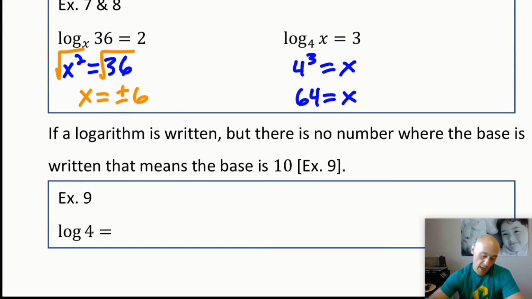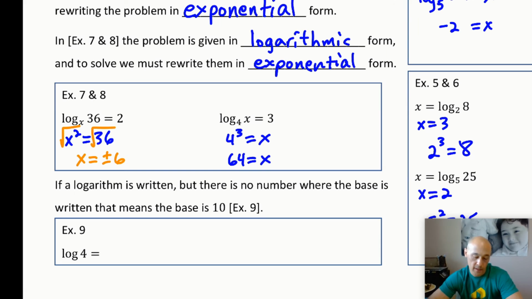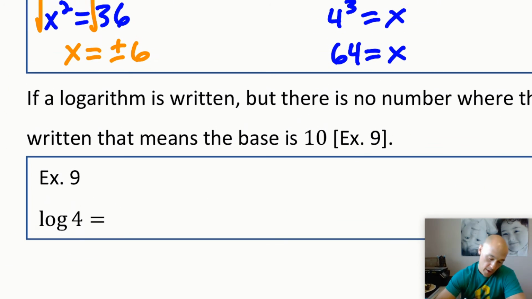All right. If a logarithm is written, but there is no number where the base is written, that means the base is 10. Look in example 9 here. So notice that there's no base written there. Well, that means that it's log base 10 of 4.